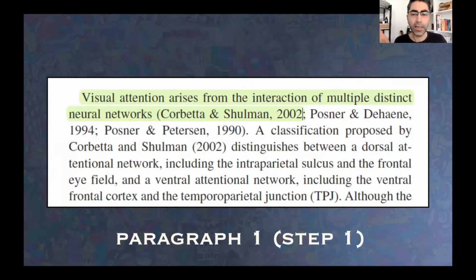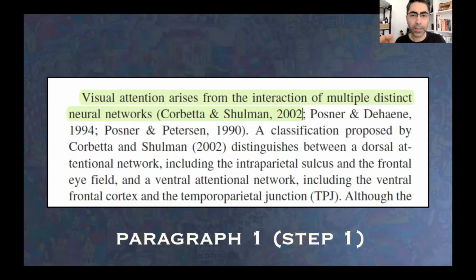I'm saying here that visual attention relies on the function of not just one neural network, but multiple neural networks. And now I want to go into further steps talking about what these neural networks are, where they are located in the brain, and what is the function? What is it that the current neuroscience literature believes is the function of these separate neural networks that are relevant for attention, the function of attention.